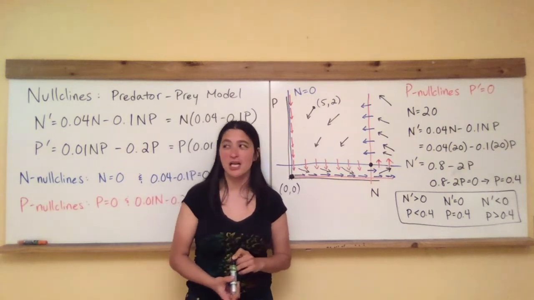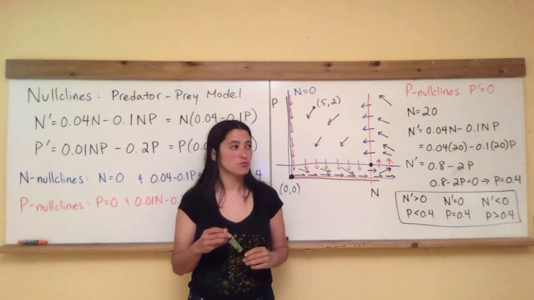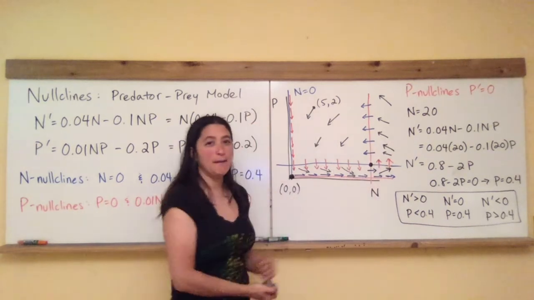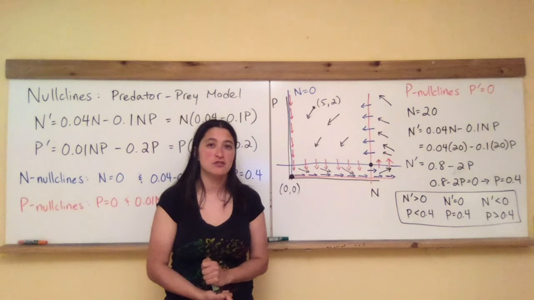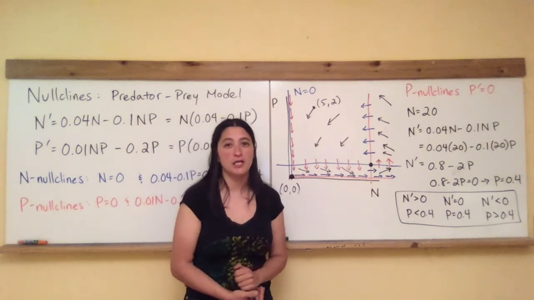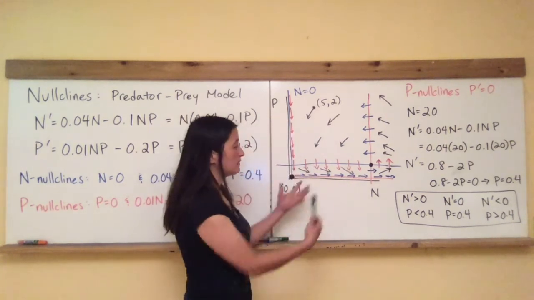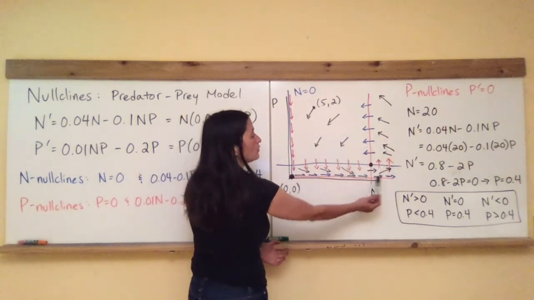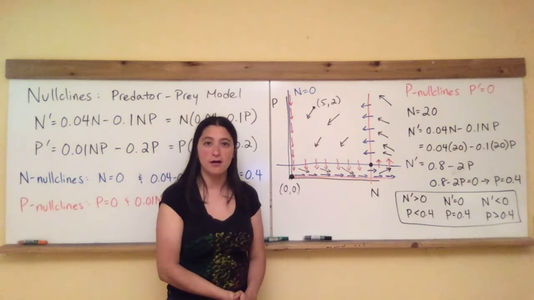I would say it's not exactly ecologically realistic because you have those perfect closed loops, but it does match up with real data-based observations from field ecology quite well. And so it's surprising how much we can do with such a simplistic model. So here we have now derived, through our analysis of nullclines, how we get that counterclockwise, cyclic, closed loop and periodic behavior in the predator-prey model. Cool.